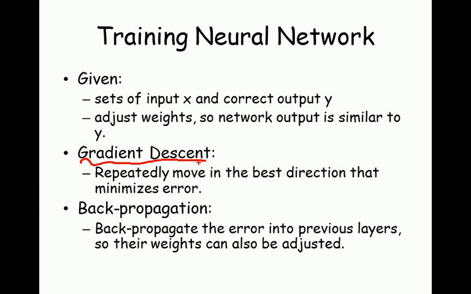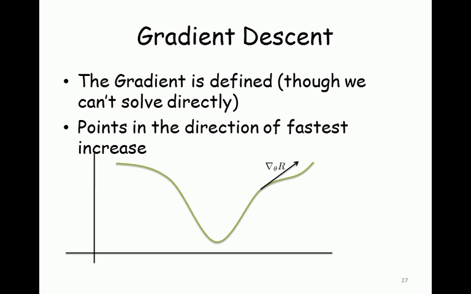So we increase or decrease each weight by an amount that we think is going to improve its result. And I'll explain what backpropagation means.